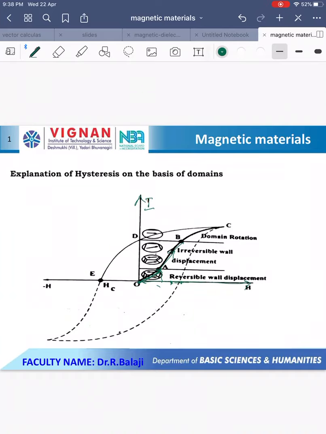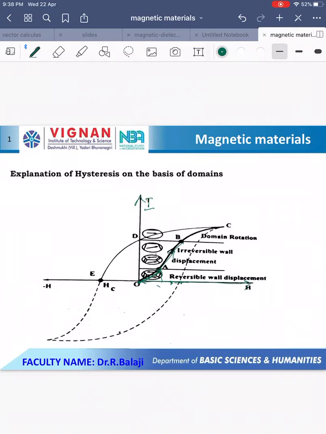The rotation of the domains along the field direction starts, and in this process the anisotropic energy is stored along the applied field direction, shown in the range B and C in our diagram. So between B and C, due to the rotation of domains, anisotropic energy is stored in the system. At point C, all domains have rotated along the applied field direction.